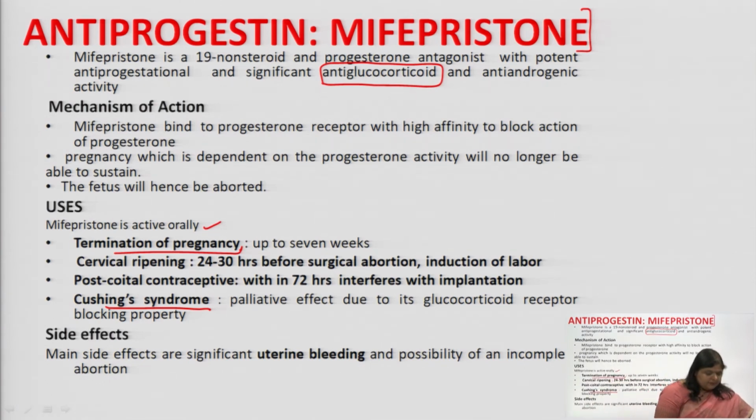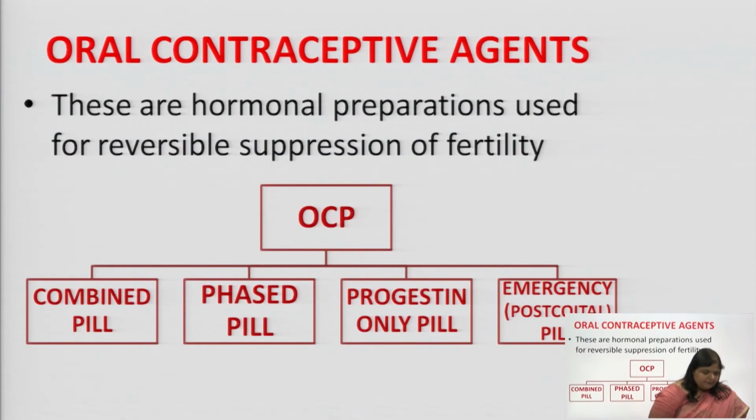Then some of the side effects are uterine bleeding, and it can also lead to incomplete abortion. So this was about the antiprogestin mifepristone, which is used to terminate pregnancy up to 7 weeks. So this was all about the progestins and the antiprogestin.